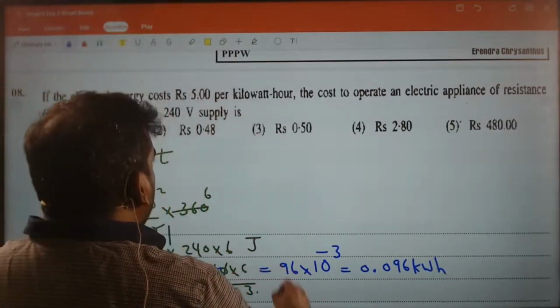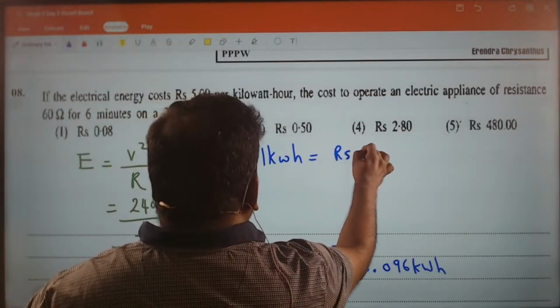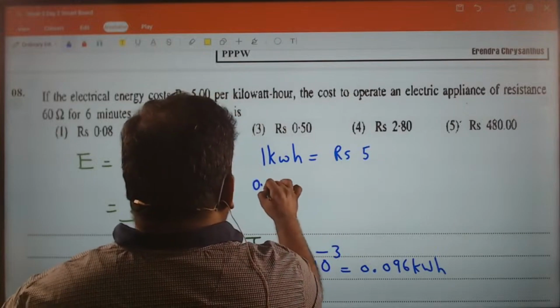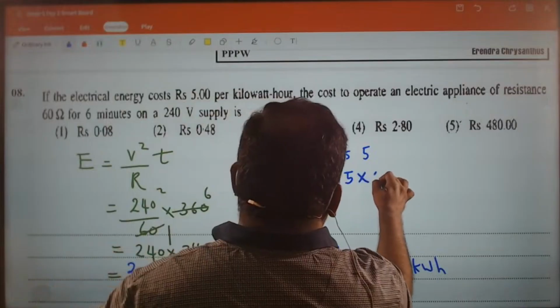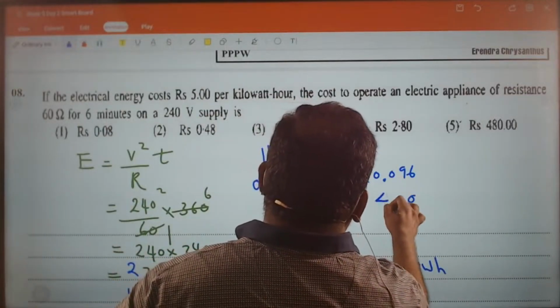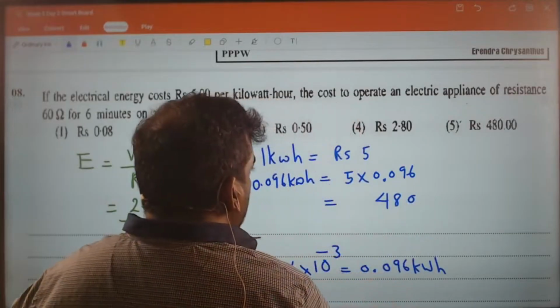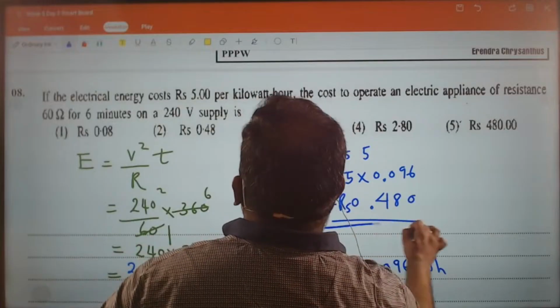So 1 kilowatt hour is 5 rupees. 0.096 kilowatt hour is going to be 5 multiplied by 0.096. 45, 48. 3 decimal places. 0.48 rupees.